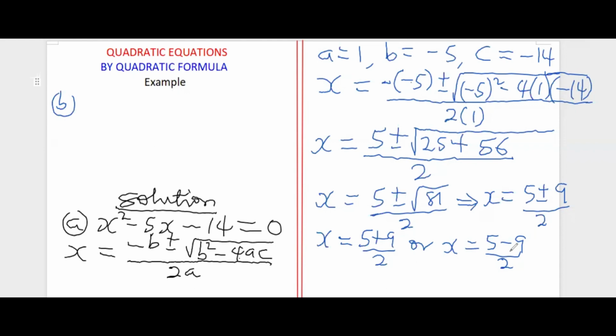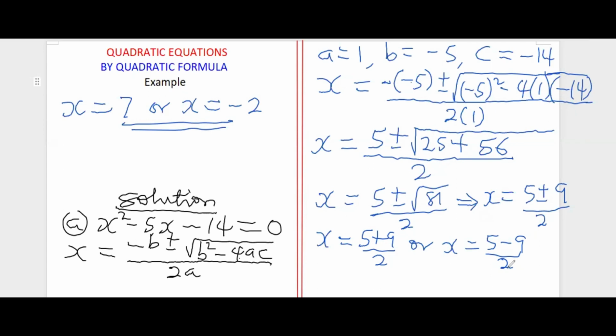We have x equals 5 plus 9 is 14, divided by 2 gives us 7, or x equals 5 minus 9 is minus 4, divided by 2 is minus 2. That means all the answers converge. We get the same answer for the 3 methods.